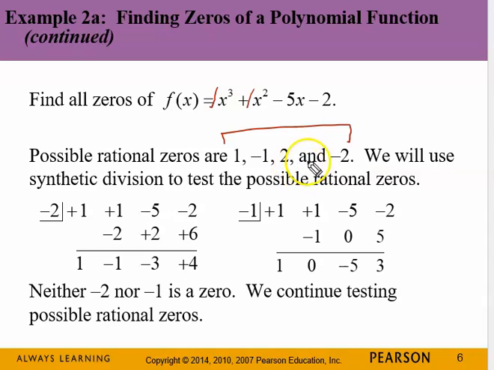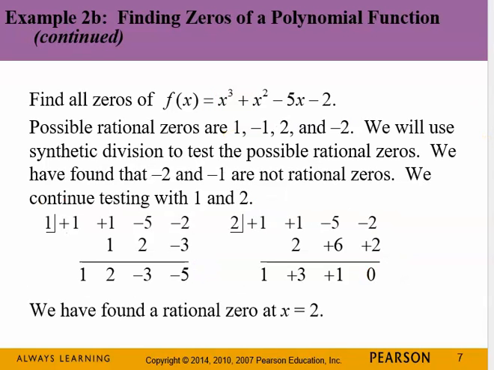If there is a zero remainder, then this value is one of the zeros. So we try -2, and I'm not going to go through all of this, but we find that we get a remainder of +4, so that's not a zero. We put in the -1 and go through the process. Again, this is not a zero, so -1 is not a potential.